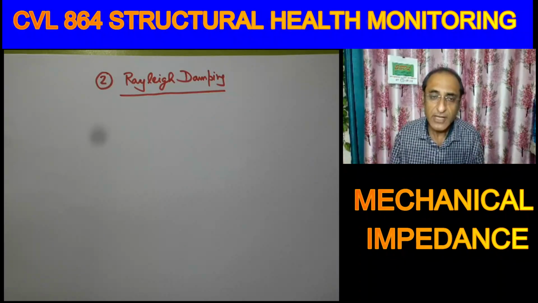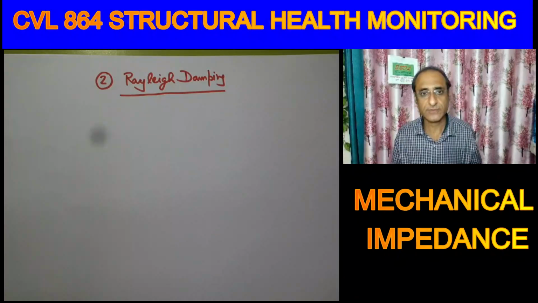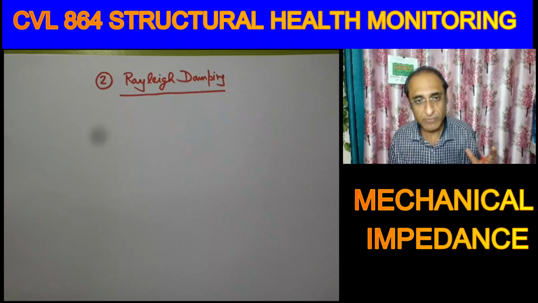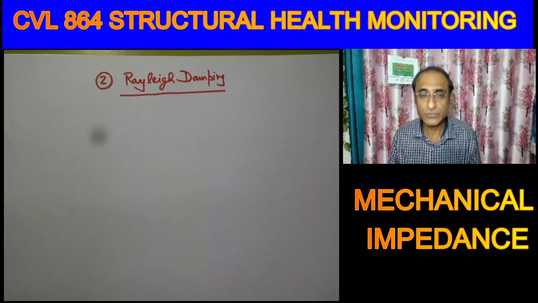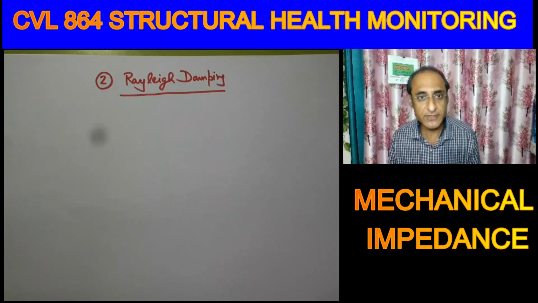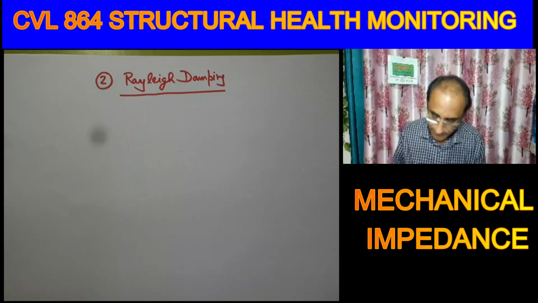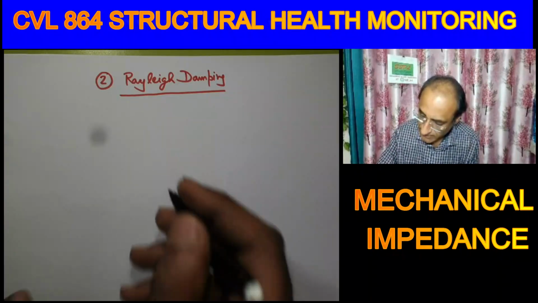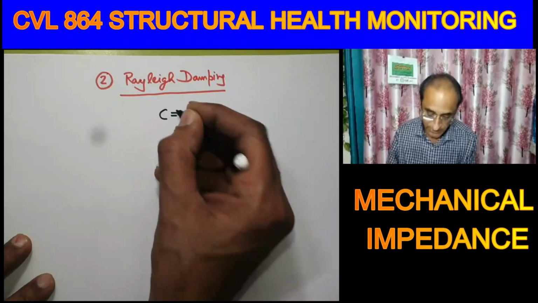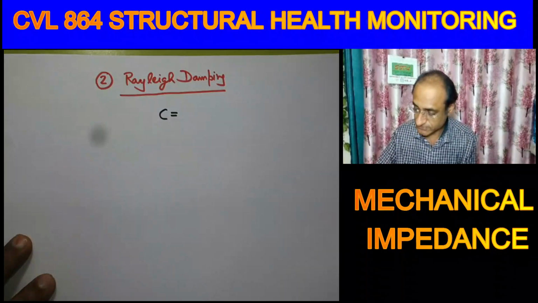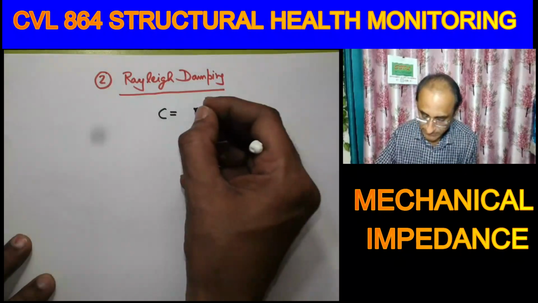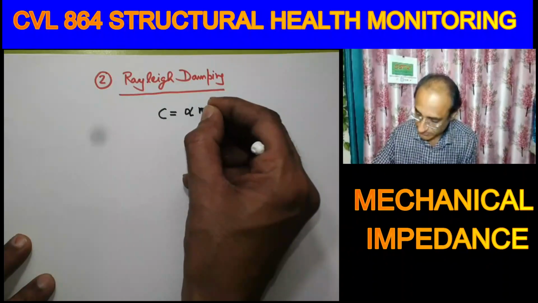Damping is always a very mysterious term, and to simplify, damping is represented in several forms. Rayleigh damping basically expresses damping as a function of the mass and stiffness. So it's expressed as alpha times m plus beta times k.